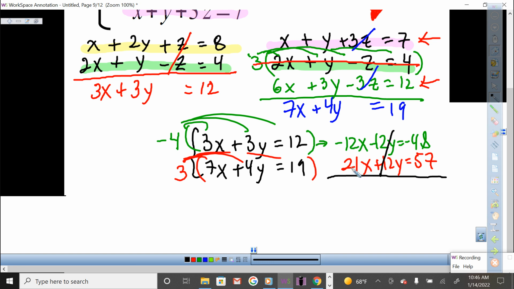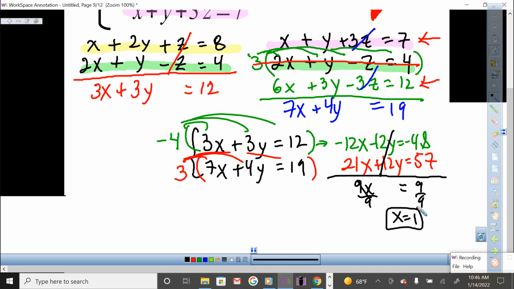We're left with 9x equals 9. Divide by 9. X equals 1.